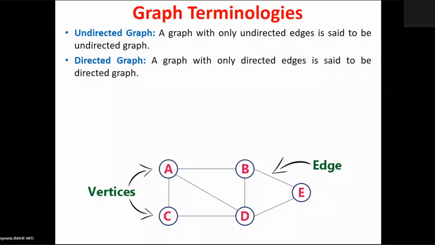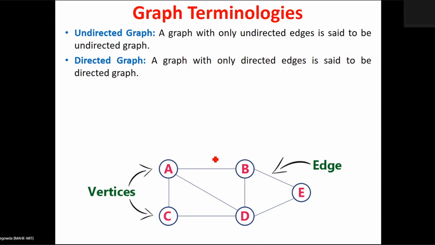Next we have undirected graphs. As I already told, a graph with only undirected edges is said to be an undirected graph. If you look at this one, this is an example of an undirected graph. The next terminology is the directed graph. A graph with only directed edges is said to be a directed graph.